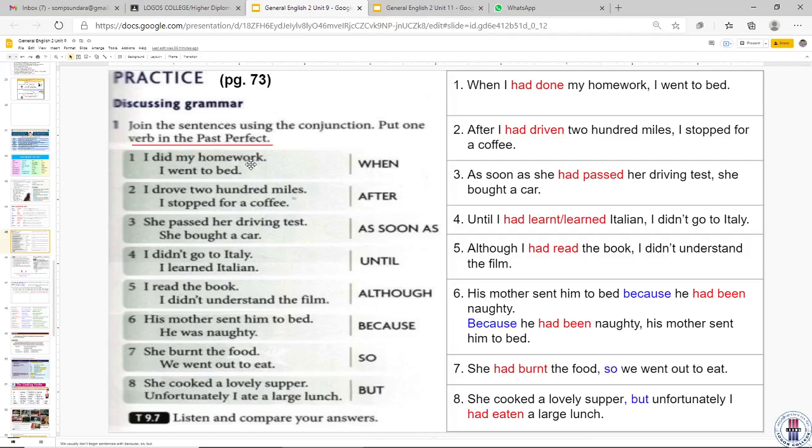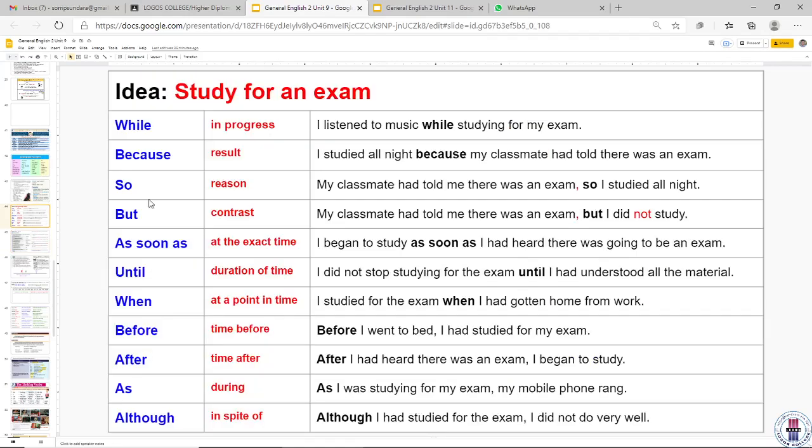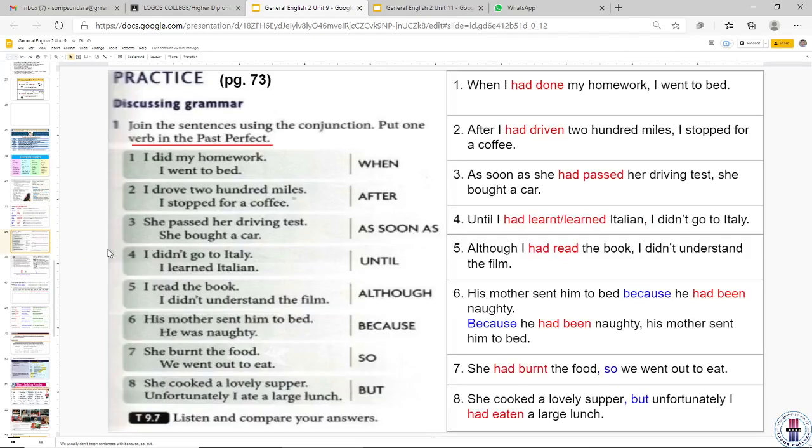Right? So number 1, you would say, when I had done my homework, I went to bed. So when is, it says at a point in time is the definition of when. So at a point in time when you finished your homework, you went to bed.